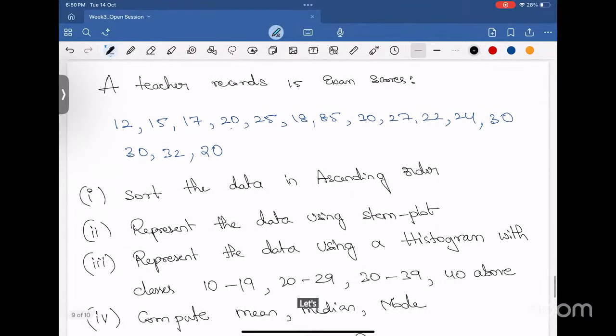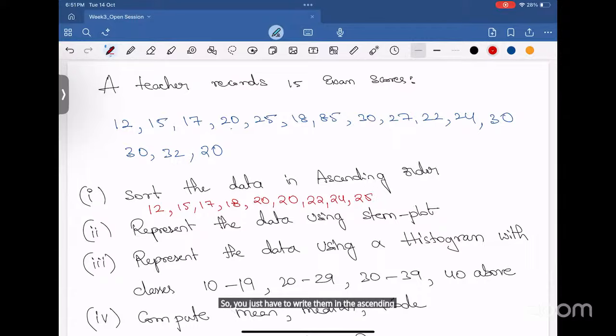Let's sort the data. Sorting the data, the minimum value is 12, right? And the next value is 15, and then 17, and then 18, and then 20, and then 20. So 20 repeated twice, then 22, 24. So you just have to write them in the ascending order.